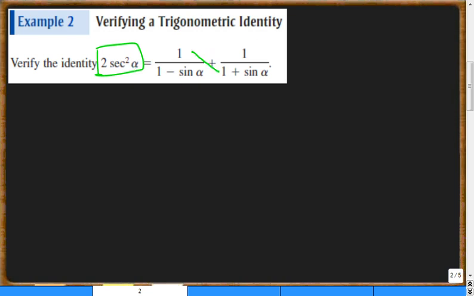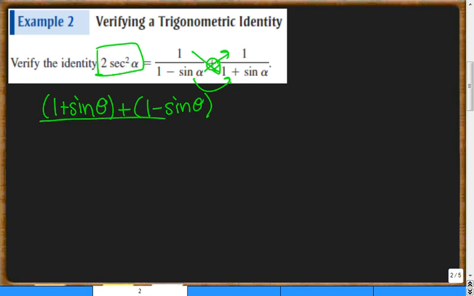So first thing I need to do is add this together. So I'm going to get 1 plus sine of, I'm going to change it to theta, plus 1 minus sine of theta, divided by 1 minus sine times 1 plus sine.